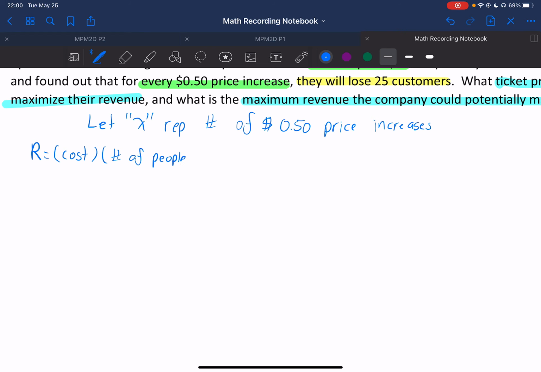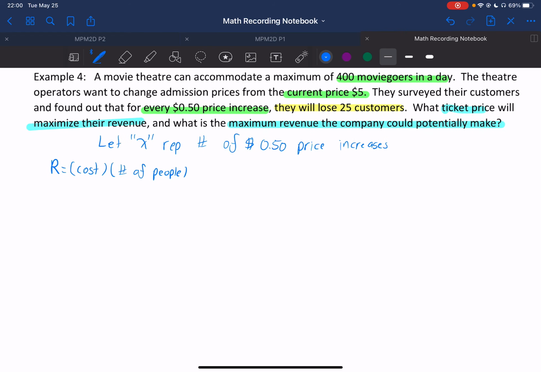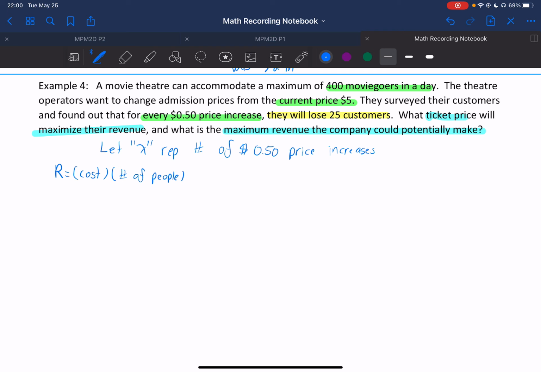Now, if you look at the information that we got from this question, we know that the current price is $5. So that's our initial value. That initial price is $5. And with every increase in price, it goes up by 50 cents.